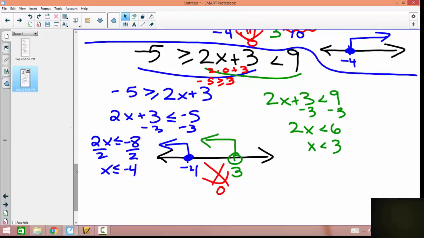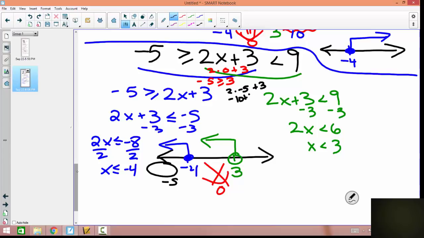So that means a number up here should work. Do you want to just plug in -5? It doesn't really matter. You could plug in negative 10. So 2 times negative 5 plus 3 is negative 10 plus 3, which is negative 7. So we have, is negative 5 greater than or equal to negative 7? Yes, that's true. And is negative 7 less than 9? I'm just finishing this inequality up here.